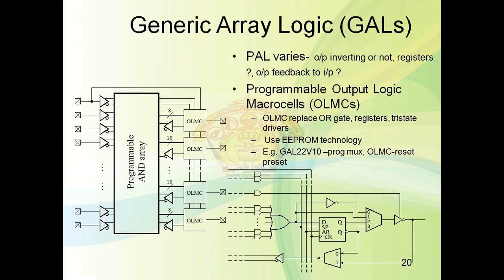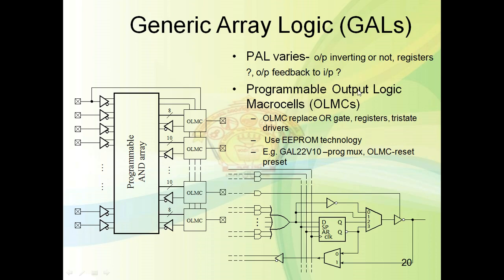We require these, and every time it is not possible. In PAL there is no output inverting option, the register output is not there, and output feedback is not there.